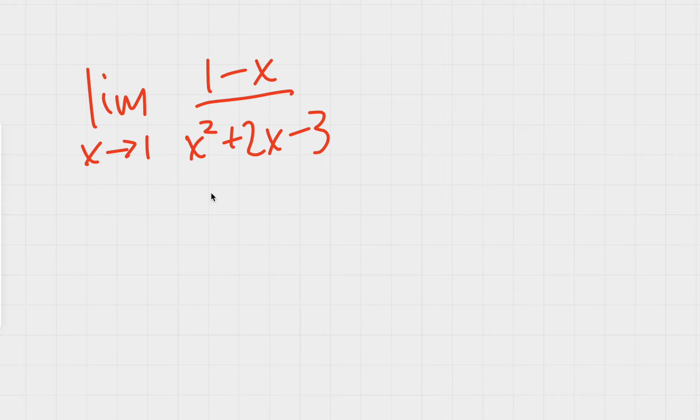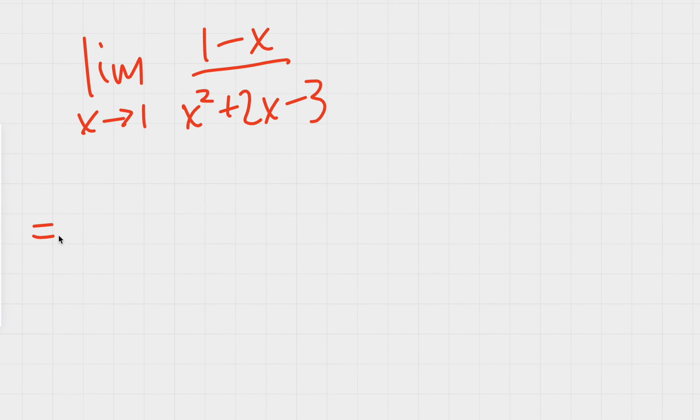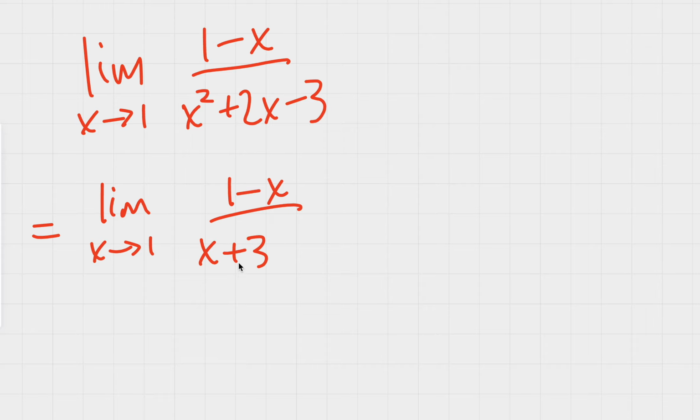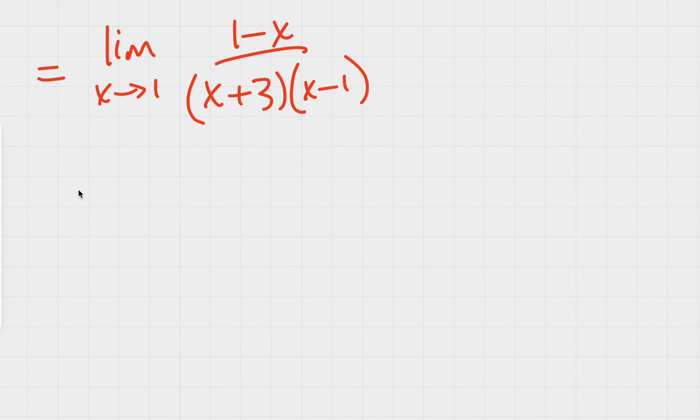Now, notice something about this function. It's actually a polynomial on the bottom. So what can we do with polynomials? We can factorize them. So let's do this a few more steps. 1 take x. So we all know how to factorize polynomials: x plus 3, x take 1. Now, what can we do to this? Well, we can't cancel it straight away, but if you look at the top, 1 take x and x take 1 are only different by a factor of -1.